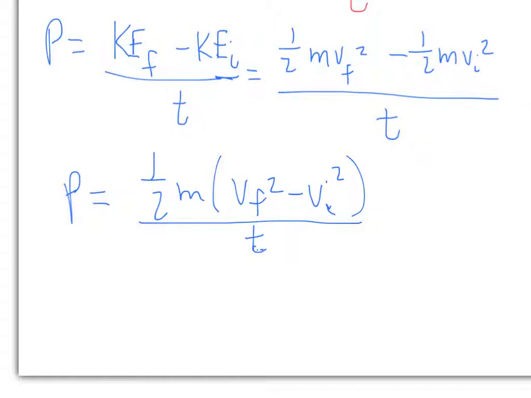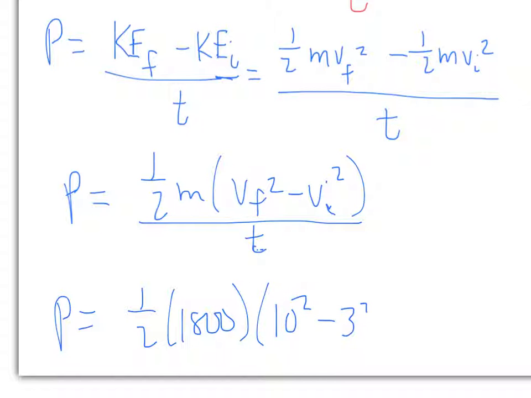By the end of this year, you're going to be like an algebra pro from between your math course and this course. All right, so let's plug in 1/2 of 1800 times 10 squared minus 3 squared all over 15 seconds. 5,460.